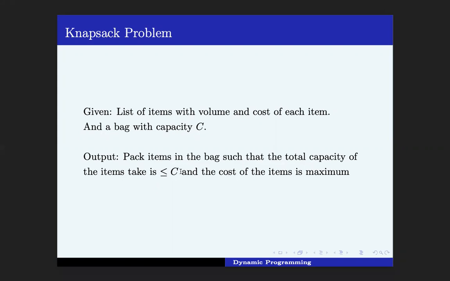So I was thinking, imagine a bag that has volume C, and I have to fill it with some items. If I think of shortening the problem, then we can divide it again into subproblems like we did in the subsequence problem. Let us pick any arbitrary item.